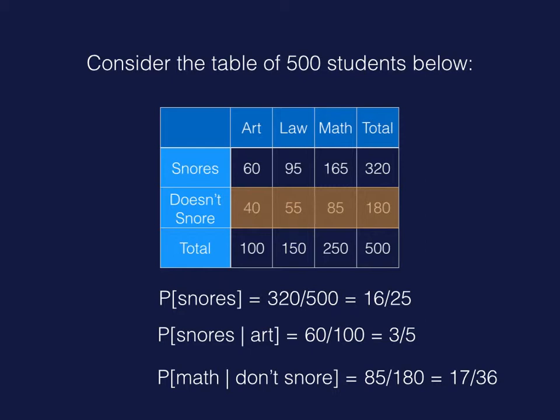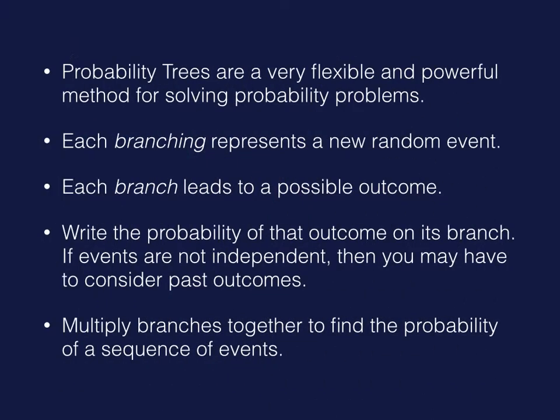Okay, so conditional probability is a way to incorporate some other event or some kind of history that goes along with that. This is going to be useful when we do trees as well. So trees, we're going to talk about this next. This is a very flexible, very powerful way of doing questions. So here's all the rules.